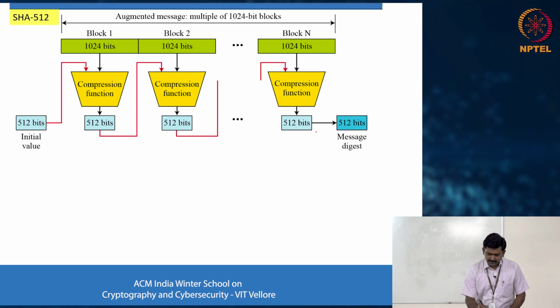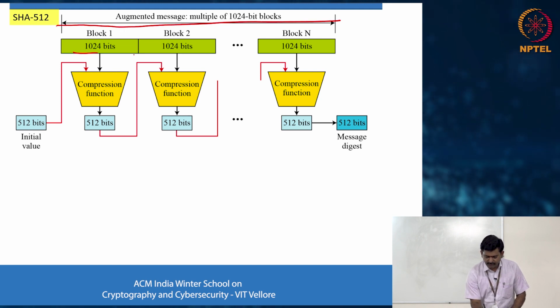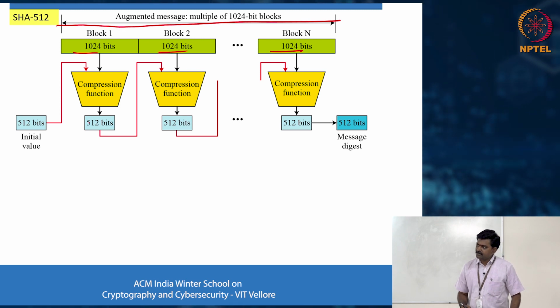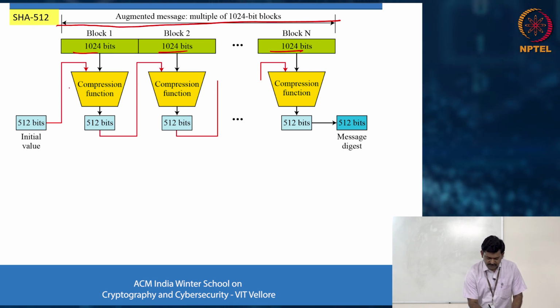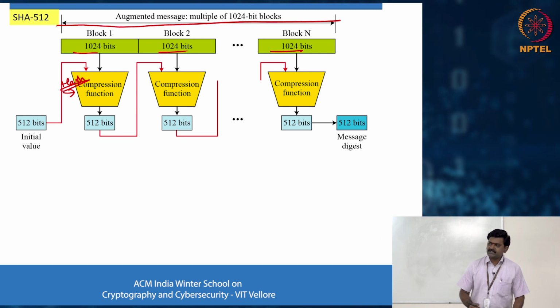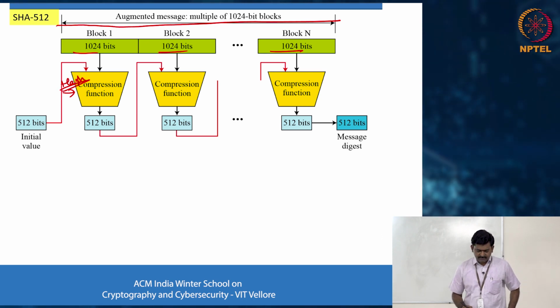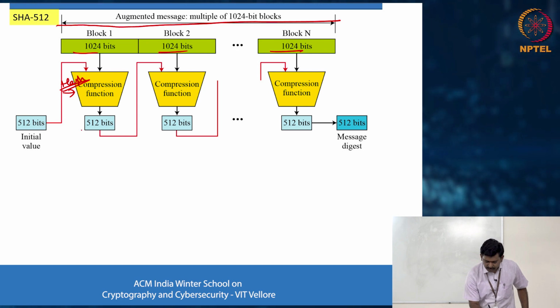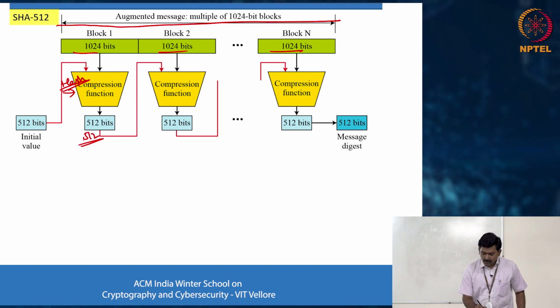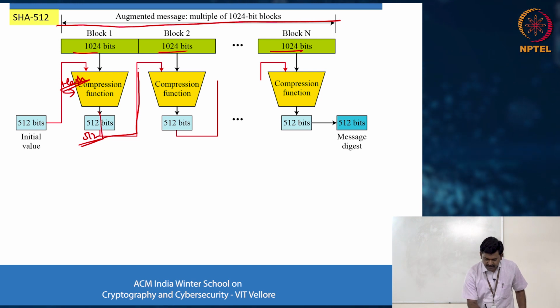Look at this. Take the plain text message, divide it into 1024-bit blocks, and each block undergoes the compression function. So this is called a hash function, a typical hash function. Since it is doing the compression activity, it is called a compression function. The output is 512-bit, and that output goes as input to the next block.